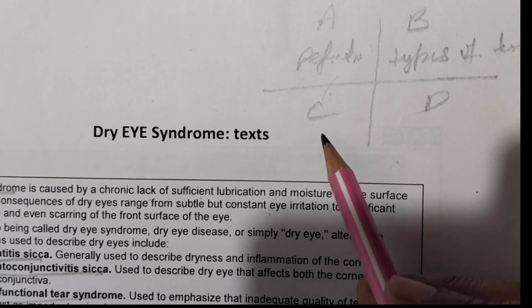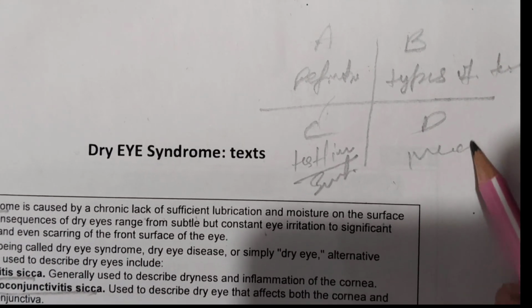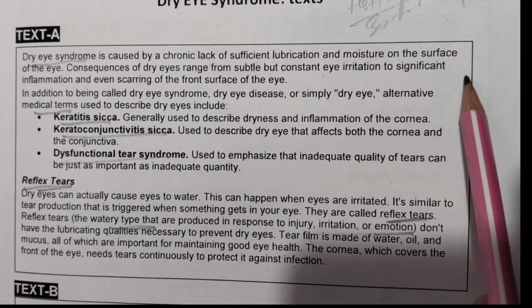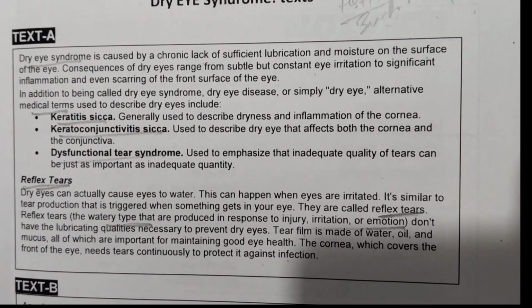And the third part is the tests or investigations, evaluation means. Okay, and the fourth one is the medication. Well, so this is also a very important and easy formula to find out from the text.